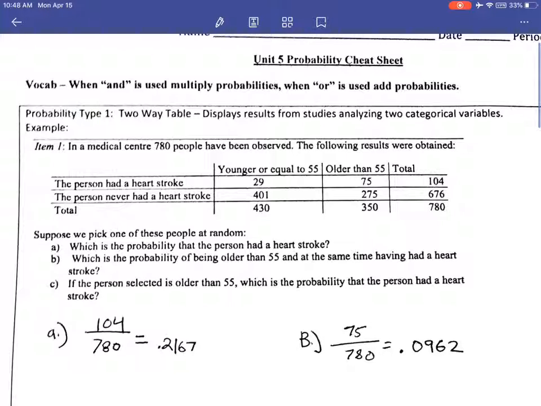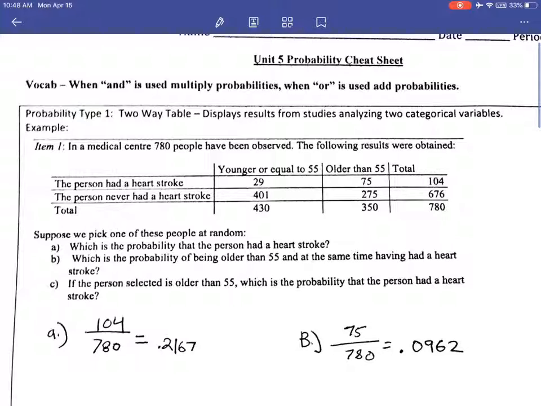And a lot of times we're going to want to do probability calculations because it's hard to really just look at this raw data and come to conclusions from it. So we're going to go through and do three different parts of this question. So part A said, what is the probability that the person had a heart stroke?